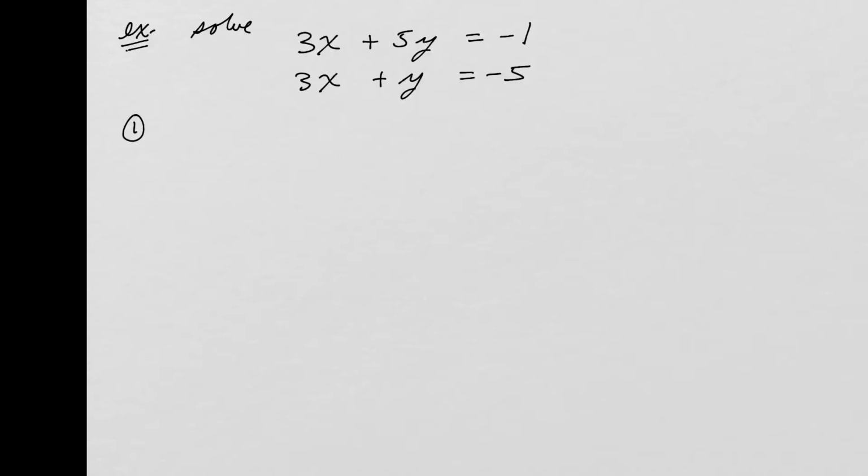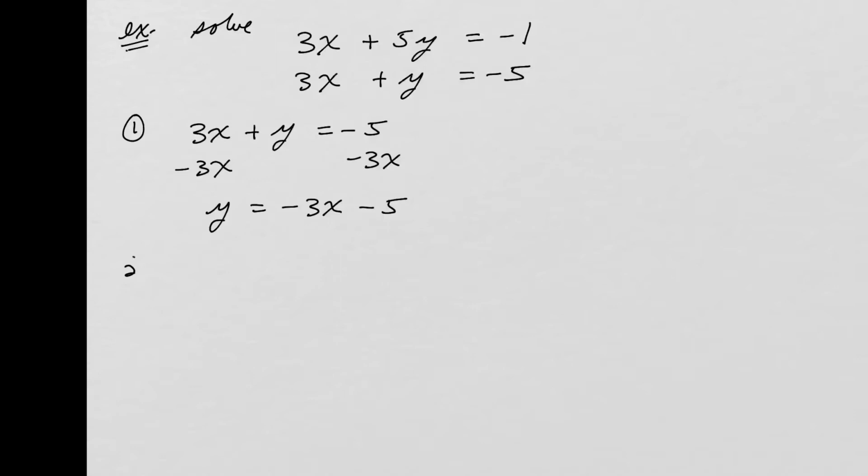So I'm going to take that second equation, 3x plus y is equal to negative 5, and solve that for y. I need to isolate the y, so I need to subtract 3x. So I'm going to get y is equal to negative 3x minus 5. Good, step 1 is done.